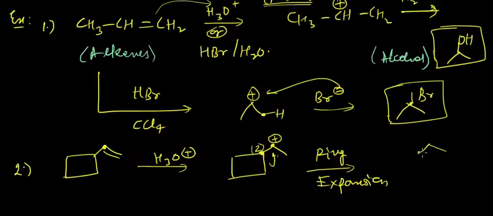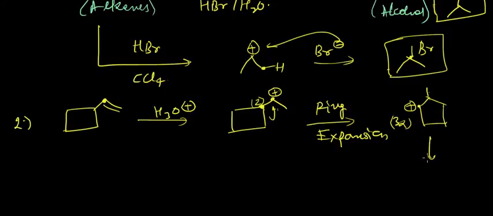We'll have positive charge on this carbon atom. Presently we have 1, 2, 3 alpha hydrogens for this positive charge. If we do another H minus shift, we'll get something like this product with positive charge here.